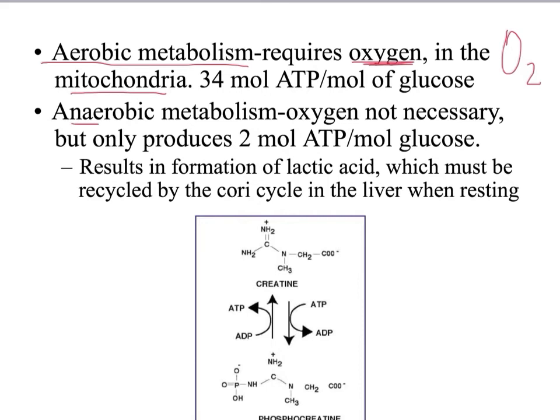So anaerobic metabolism, you do not have to have oxygen, but it's very inefficient. You only get 2 molecules of ATP for every molecule of glucose you break down. So the other thing that happens when you're going through anaerobic metabolism is a byproduct is lactic acid. So you end up creating what they call pyruvate or pyruvic acid.